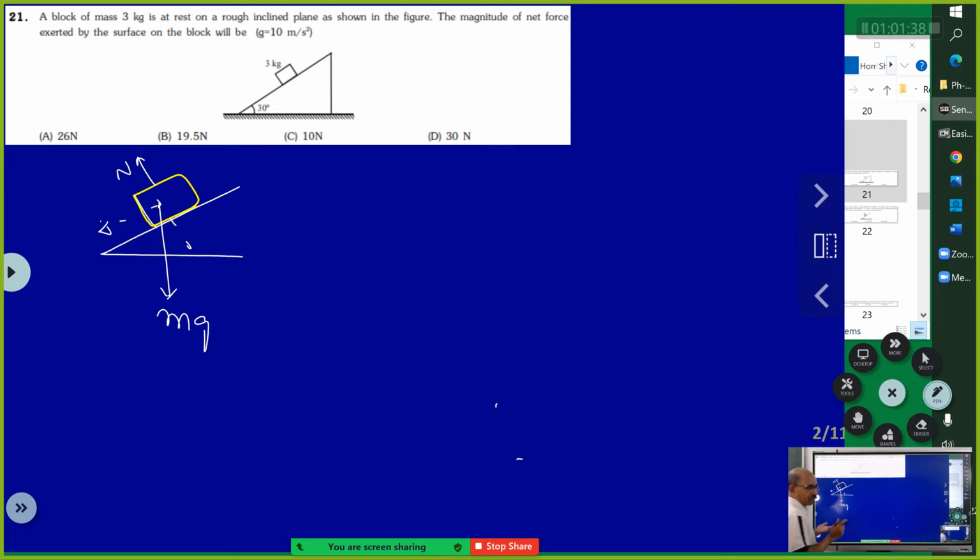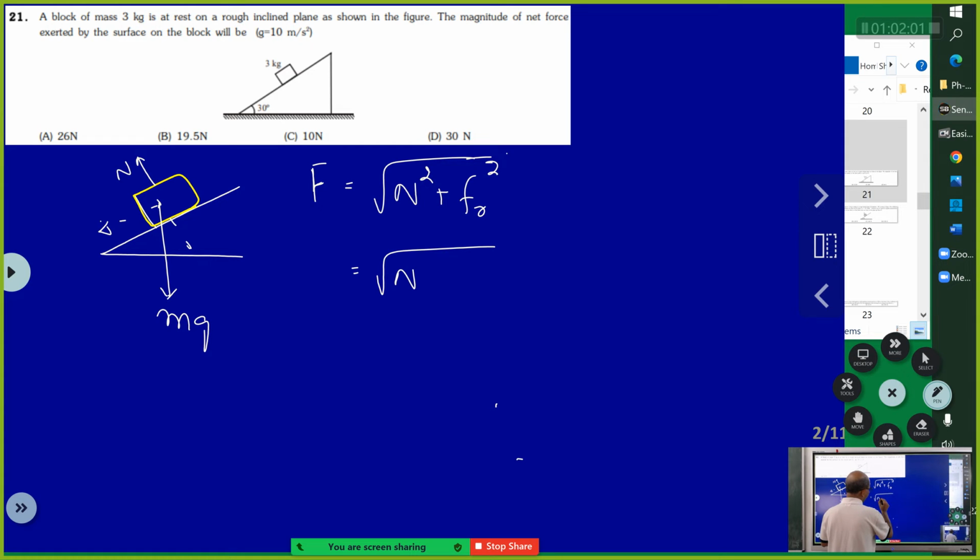N and the friction. So the net force exerted by the surface on the block is going to be root of N square plus friction square. That's what you have to write. Here friction is mu into N, so it's going to be N square plus mu square N square.